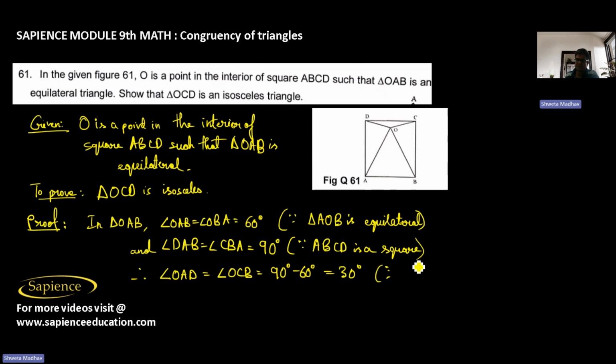Since here we see that angle OAD plus angle OAB is equal to angle DAB, and angle OBC plus angle OBA is equal to angle CBA.